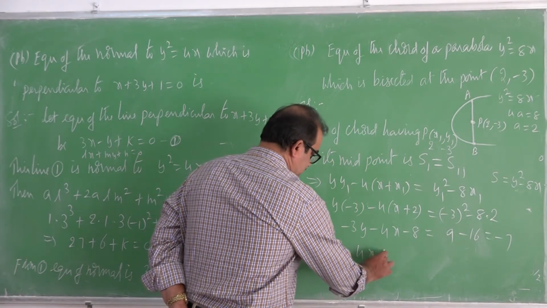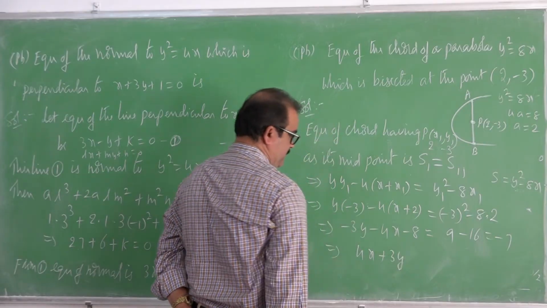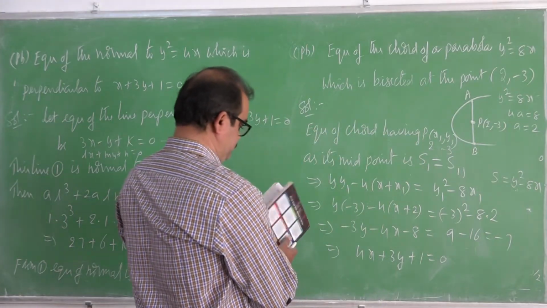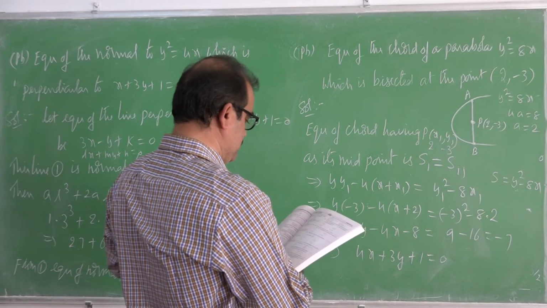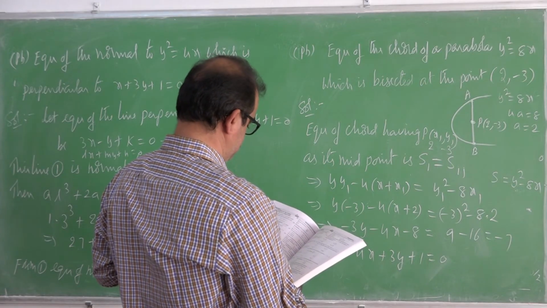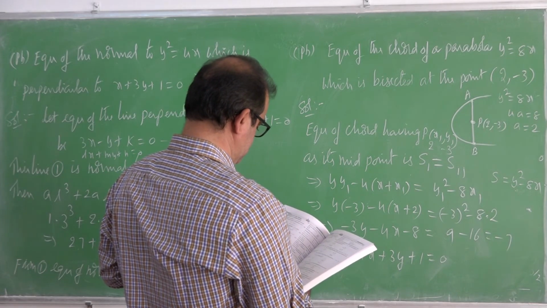So this is 4x plus 3y plus 1 is equal to 0. This is the equation of the chord.